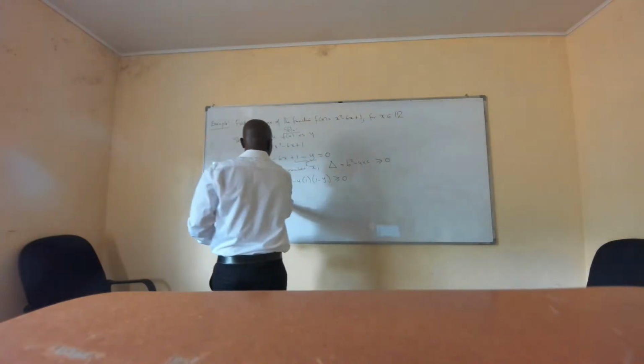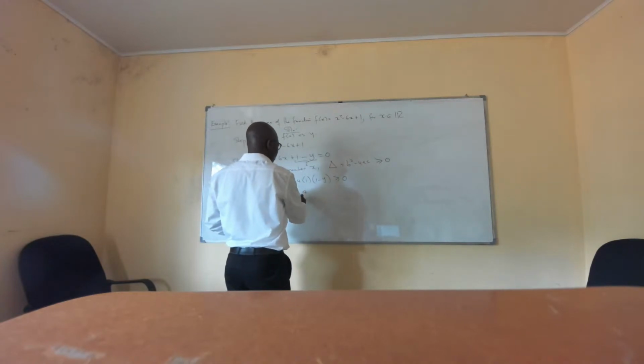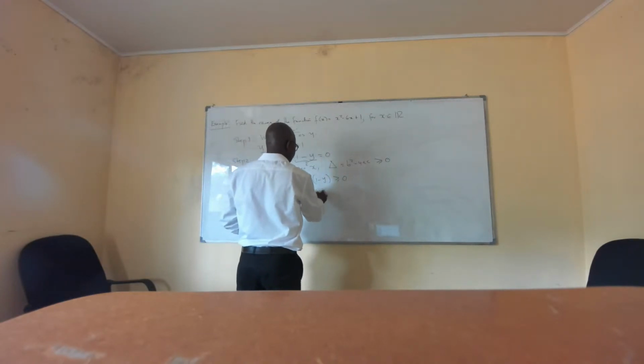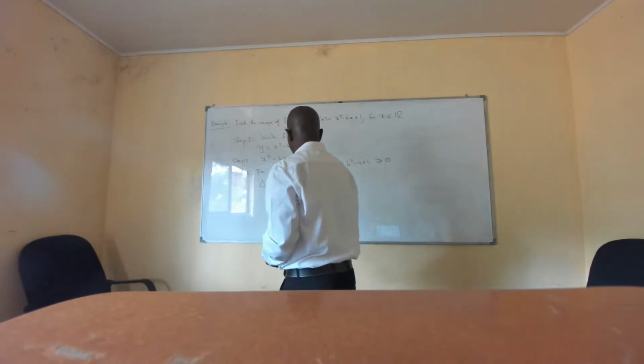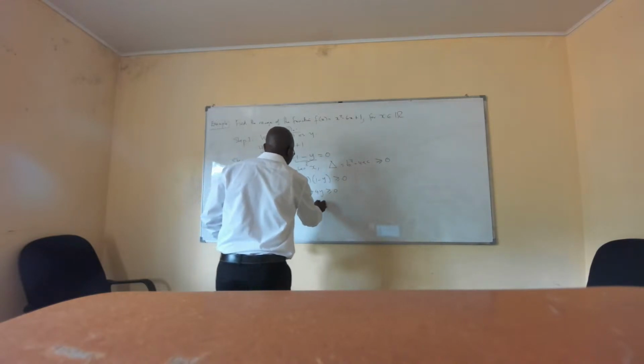And this, if you work out, will be 36 minus 4, then plus 4y, should be greater or equal to 0. And this will be 32 plus 4y, it should be greater or equal to 0.